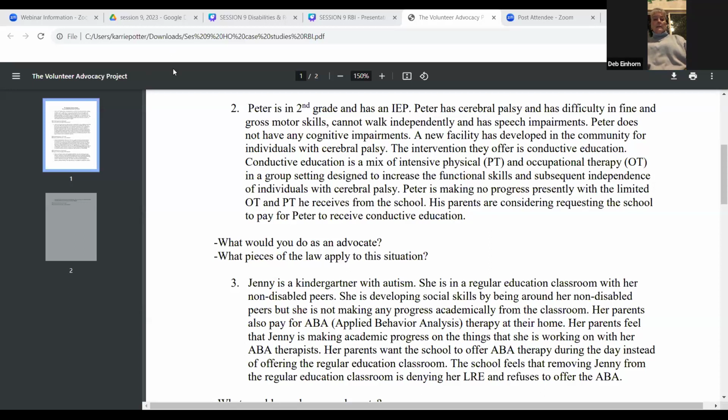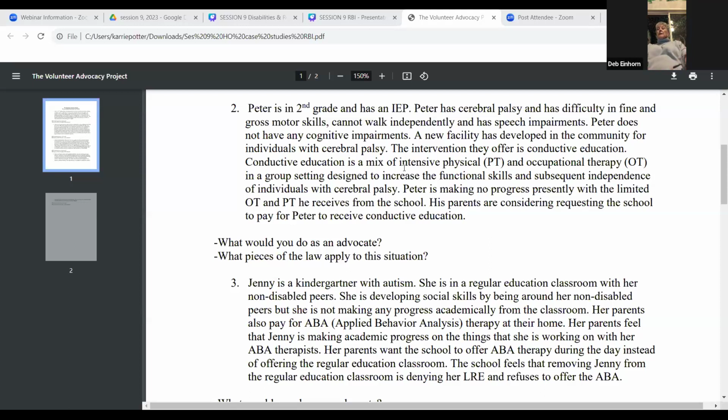Given the limited time that we have left, I'm just going to go ahead and look at this. Reading this scenario, we don't know whether there's any peer-reviewed research regarding this conductive therapy, or conductive education.